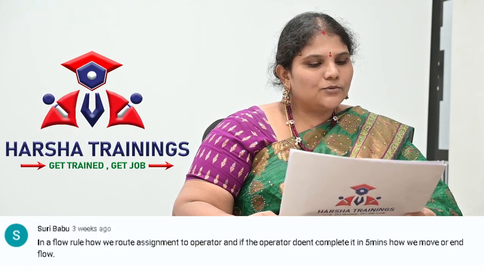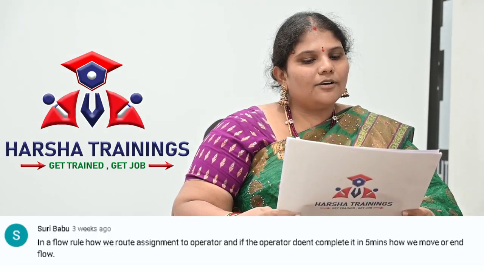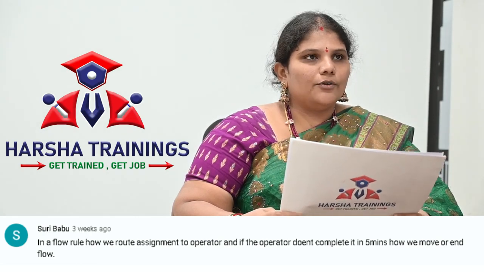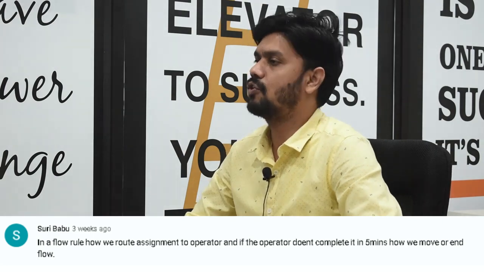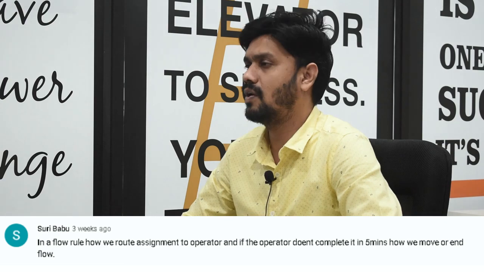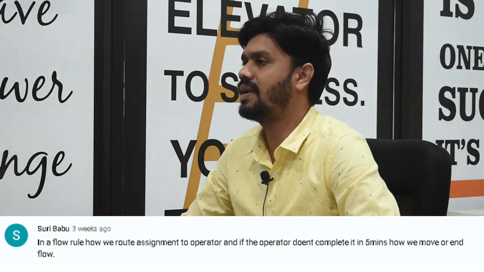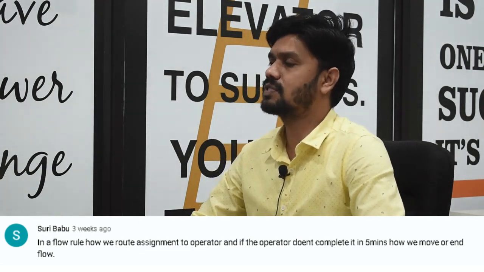Okay, next comment from Suri Babu. In a flow rule, how do we route an assignment to an operator, and if the operator does not complete it in 5 minutes, how do we move or end the flow? See, whenever an assignment is created, if we want to perform any automatic action on the assignment, we need to depend on SLA. So we need to create an SLA and give a goal time of 5 minutes. And in the goal escalation, we can call an OOTB activity, pxForceCaseClosed.